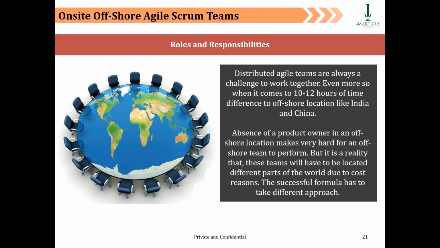The India Agile team doesn't have a chance to interact with the product owner face to face. So what should be the success formula in such cases, where only the onshore Agile team has direct access and proximity to the product owner and no other team practically has that? Let's see what we can do in that.